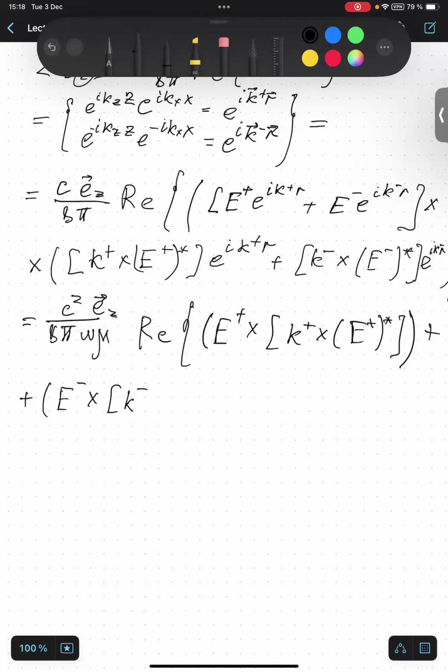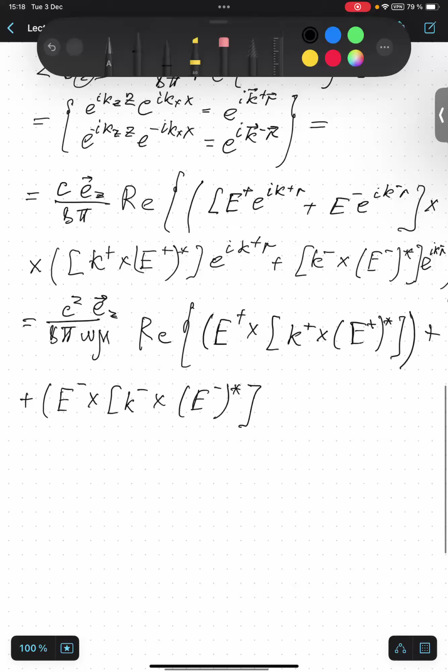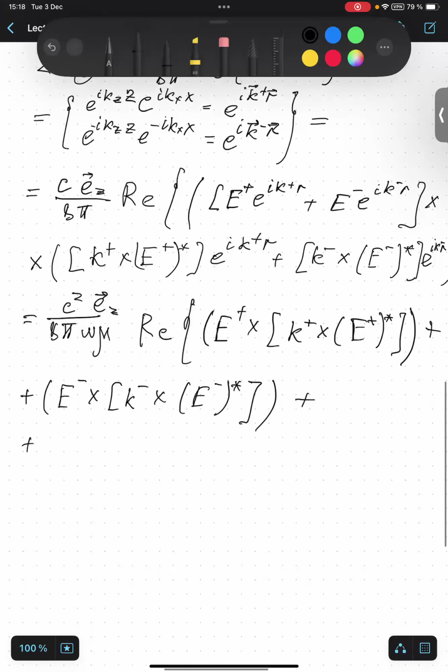K minus, E minus conjugated. We also have another two terms. E minus times K minus, E minus conjugated.